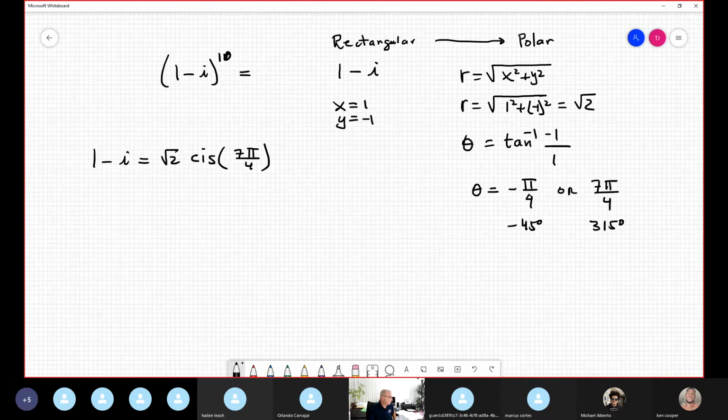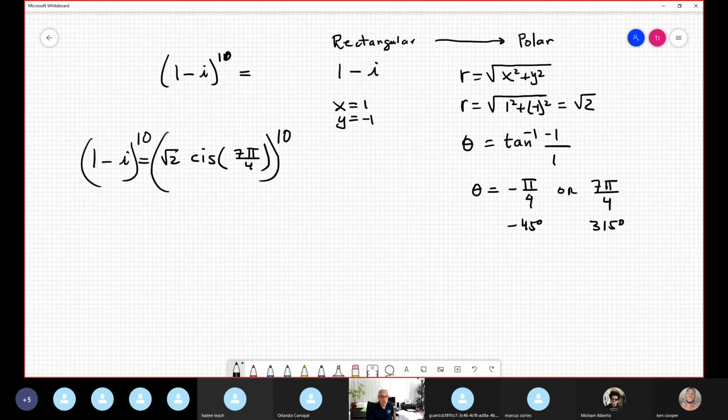Now I apply the De Moivre theorem. When you raise this to the 10th power, wow. Entonces you put radical 2 to the 10th power, cosine plus i sine, and you multiply the angle by 10, 70 pi over 4.